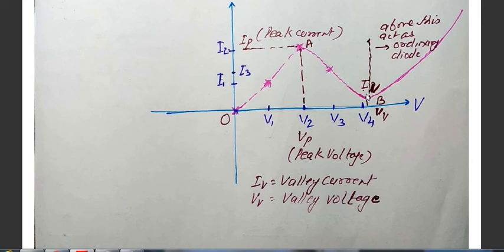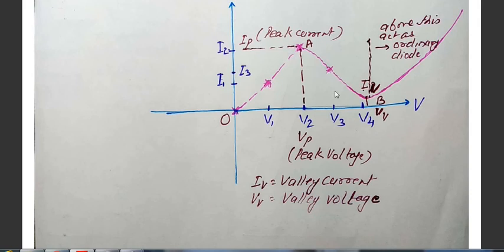So at a voltage V greater than or equal to Vp and less than or equal to Vb, in this portion current changes from a higher value to a lower value. So the maximum applications of tunnel diode use this portion of the curve.